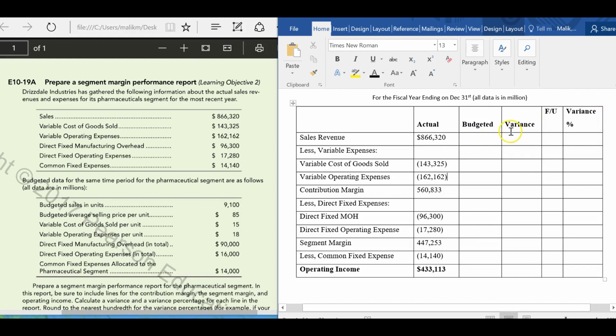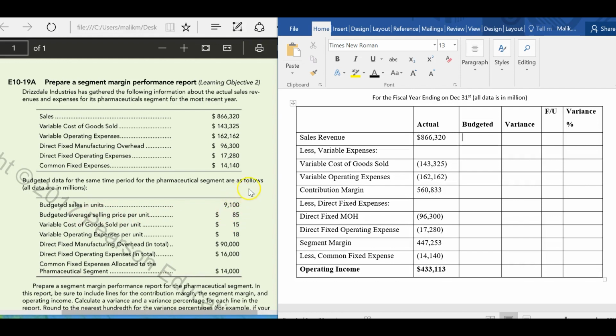For the budgeted one, we already have those numbers, but remember the budgeted numbers are given in units and variable items are given per unit. So we need to prepare it based on our budgeted number of units that we wanted to sell. So let's do the sales revenue. Our budgeted units were 9,100 and your budgeted sales price was 85.